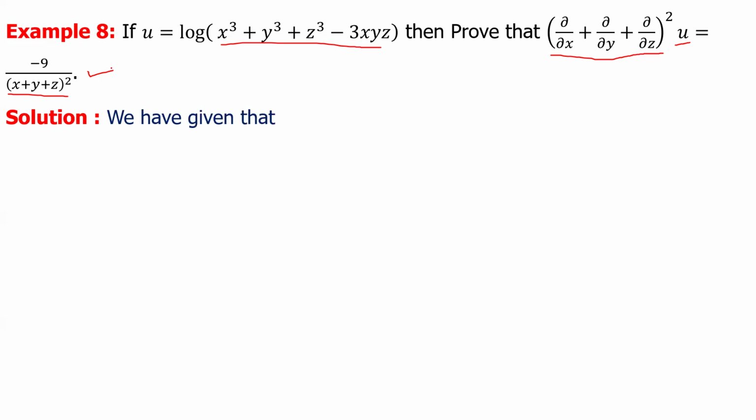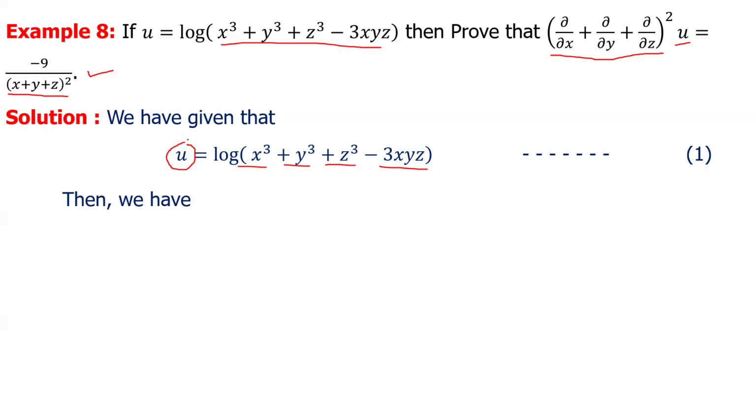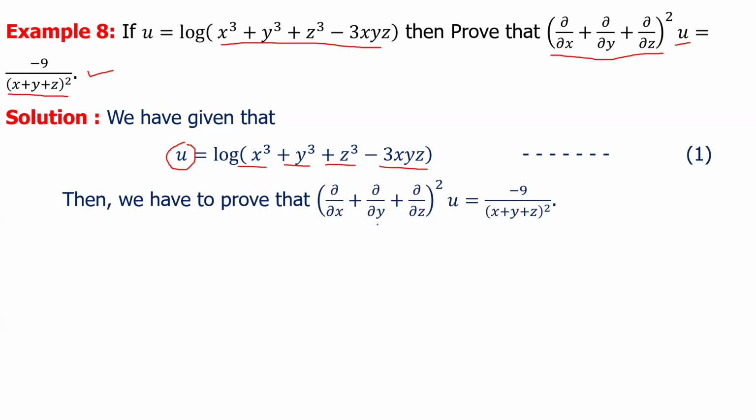We have given that u is equal to log of x cube plus y cube plus z cube minus 3xyz. Let us first find the partial derivative of u with respect to x. Then we have to prove that (∂/∂x + ∂/∂y + ∂/∂z) whole squared of u is equal to minus 9 upon (x plus y plus z) whole square.